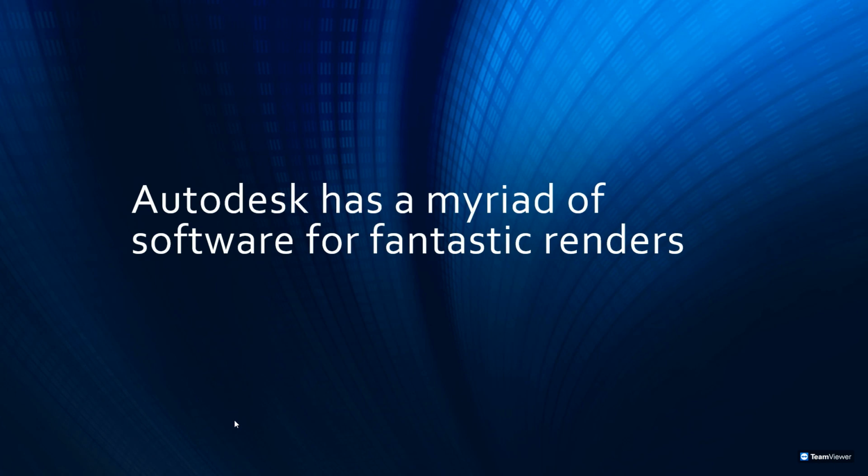As I said in the beginning, do you want pretty pictures or useful images? If you're pitching to a client, pretty pictures is what you want. You just want to sell it to them. Then it's got to be high-end renders, something like 3ds Max. If it's useful renders, something like Navisworks or Inventor can help you out.